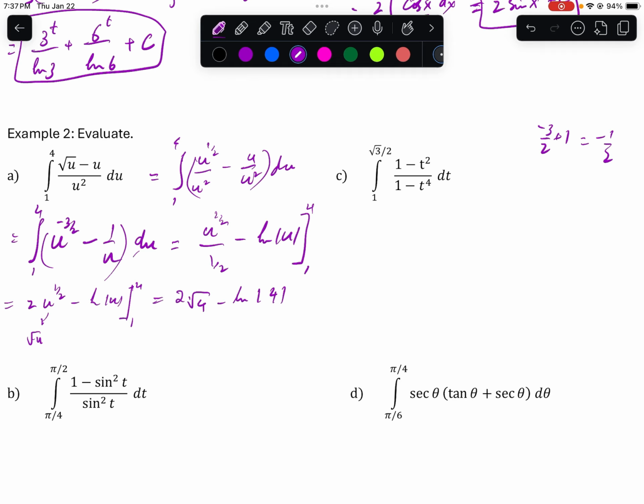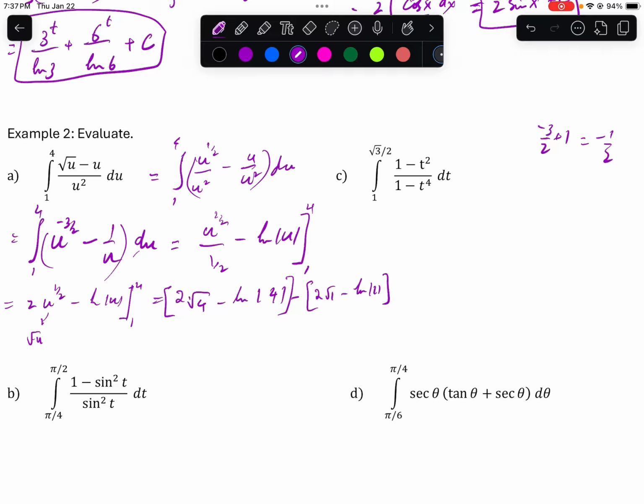So this is the upper limit, minus the lower limit. What is the lower limit? It's 1. So I get 2 times square root of 1 minus ln of absolute value of 1.